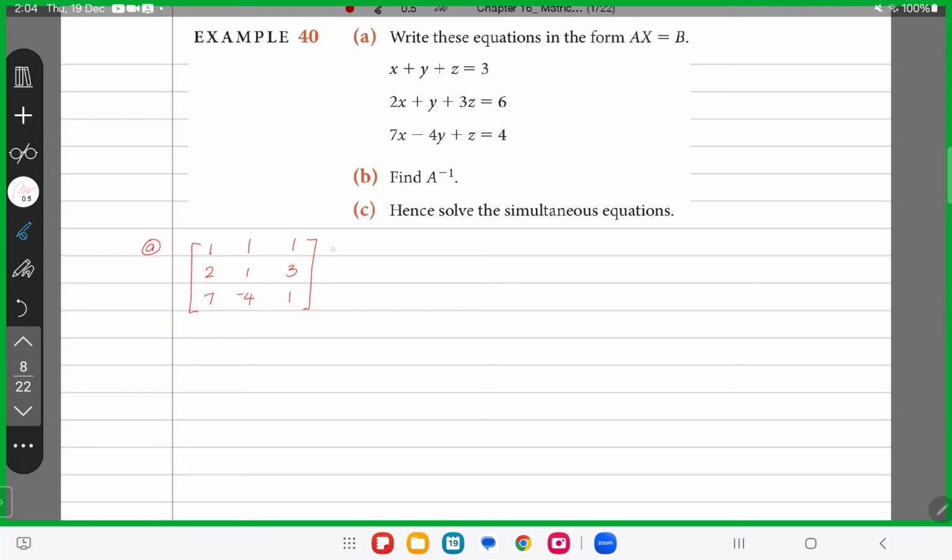That's A. X, Y, Z. This is X. And B is 3, 6, 4.